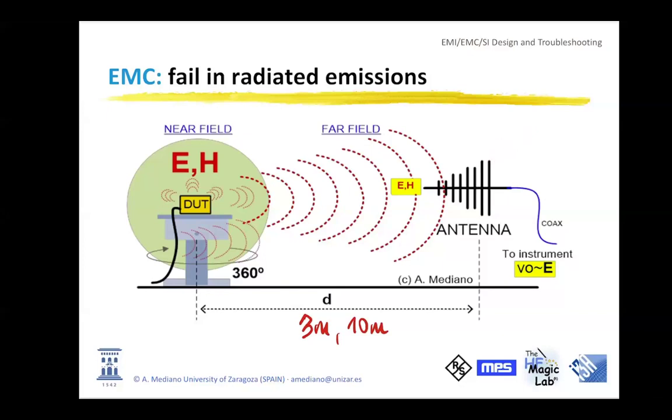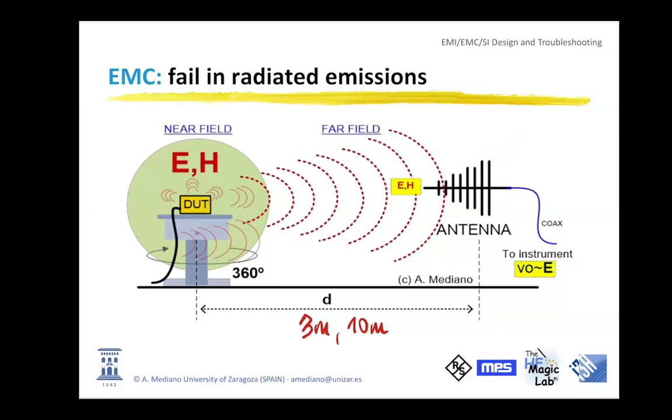Basically, antennas with rods are used to measure electric field, not magnetic field. When we measure magnetic field, usually we use loops. So when you are working with the biconical or with the log periodic antenna, remember you are trying to measure electric field.